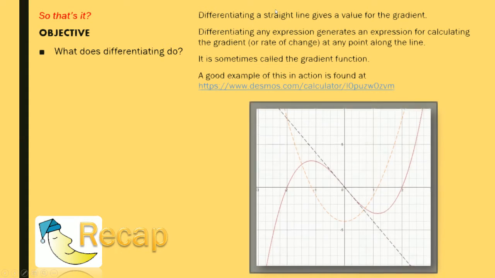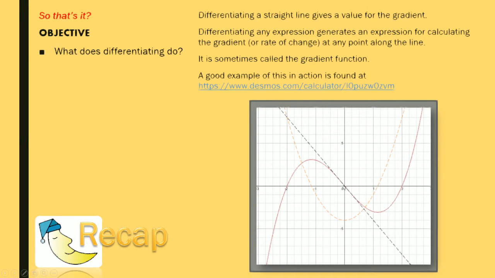Desmos has a lovely simulation like this where you can change the value along the curve and it'll show you how. That's the curve in the reddish color, and the orange one is the gradient function, or the graph of the gradient function. Basically, as you move along this curve, the value of the gradient will change along with it.